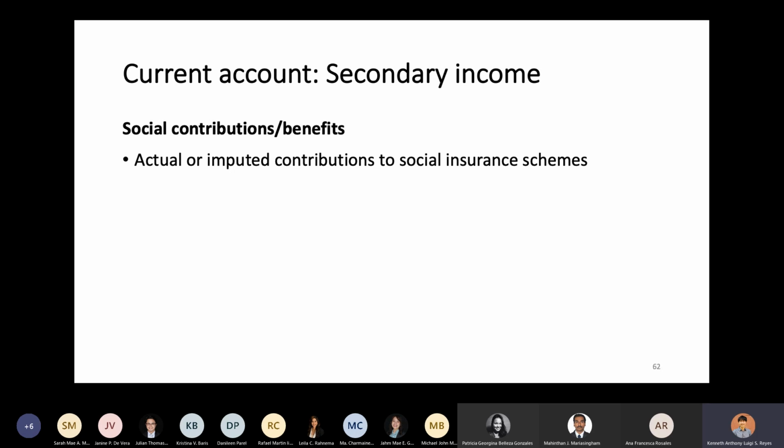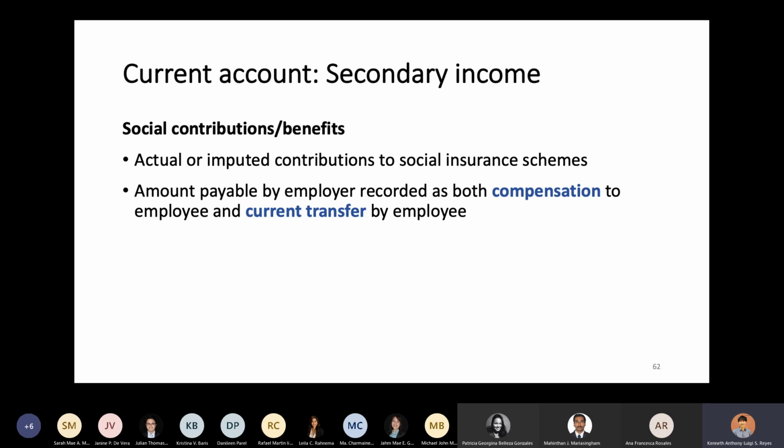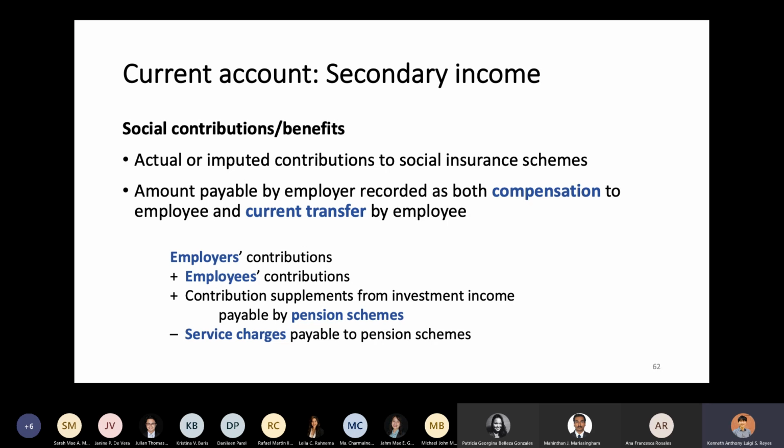Social contributions. Recall that under compensation, we include the social contributions that are payable by the employer. This would be here, the employer's contributions. This is counted under compensation because later on, we will also count this under a social transfer by the employee.